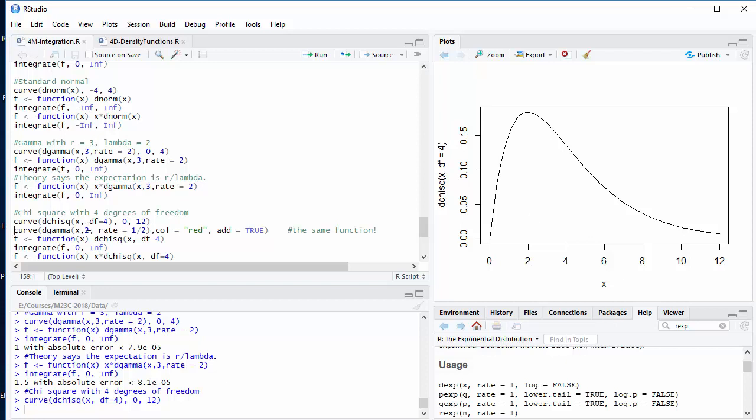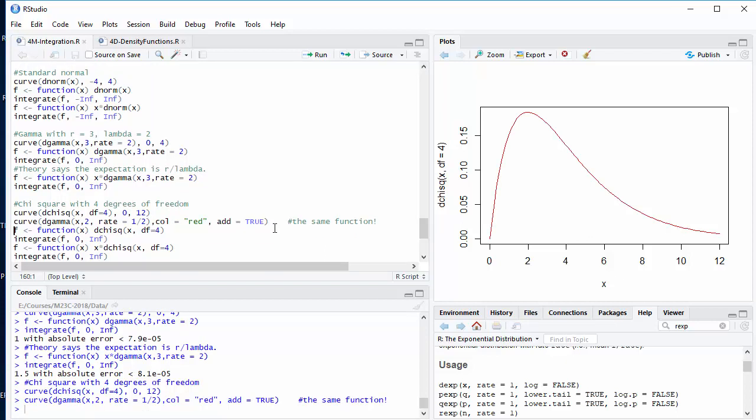Yes, indeed you have. Let me plot the gamma distribution with 4 over 2, or 2 as its shape parameter, and a rate parameter of 1/2. I'll plot that in red, and add equals true means I will add this to the existing plot. That's how I show that two functions are actually the same. The red graph overwrote the black graph, showing that the two graphs are the same.